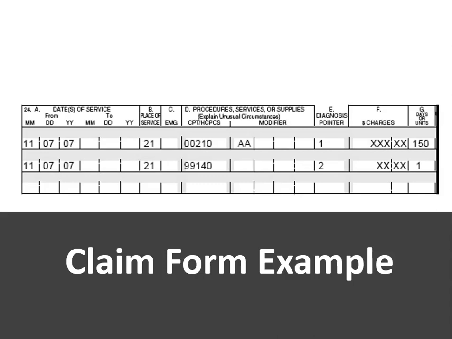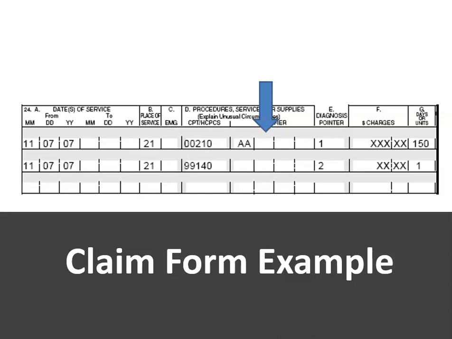Now on this claim, and this is something that I just grabbed from the internet, they don't have that physical status modifier on there, but the physical status modifier would actually be placed in the next box right here to the right of the AA modifier.